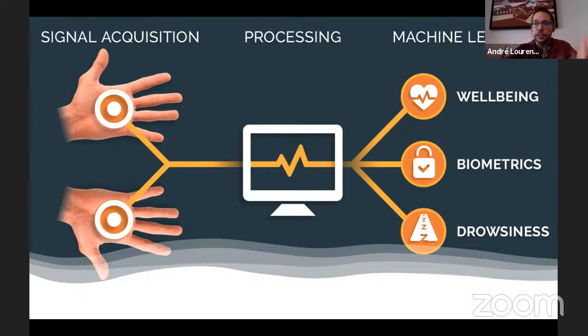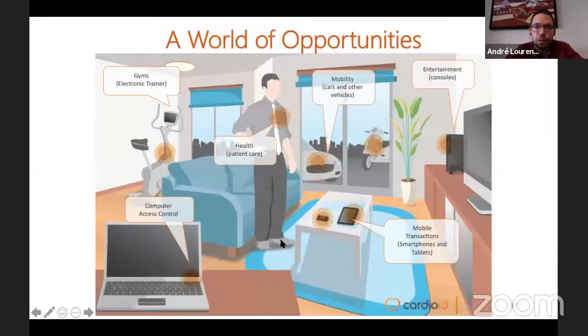We think that ECG can be acquired not using electrodes, but using the person's own apparatus, like using only the hands as point of contact, and then we can do the processing locally or in the cloud to have indicators related to well-being, biometrics, and drowsiness or fatigue. And further on, we go for clinical indicators. So we think that there is a world of opportunities for this technology.